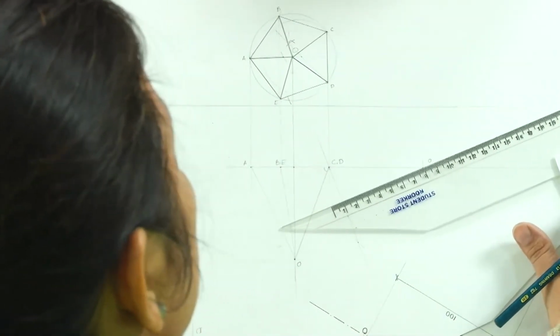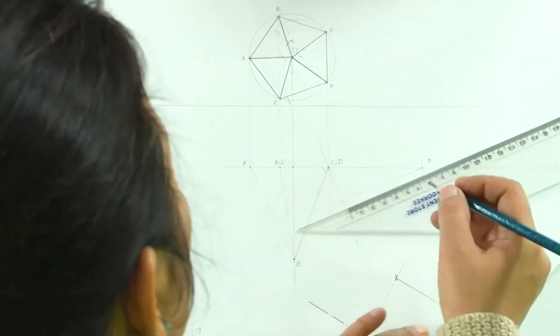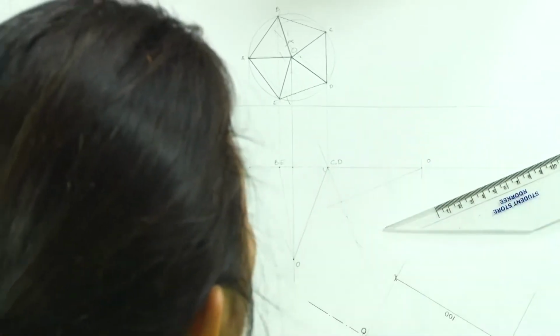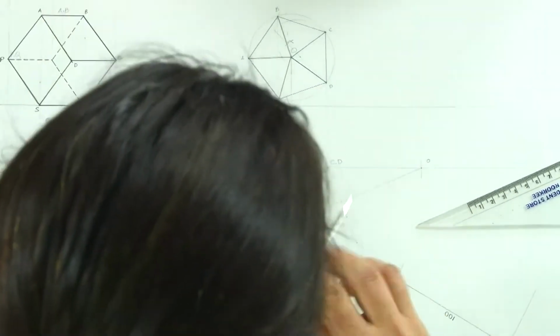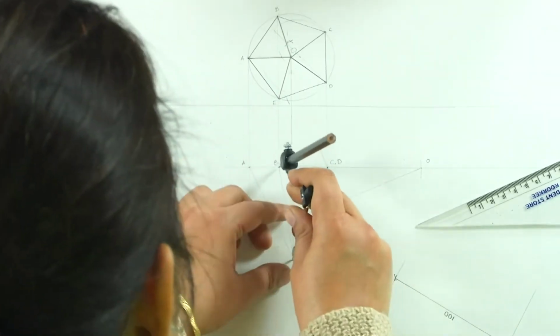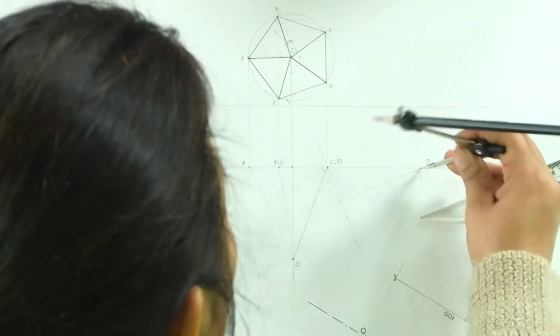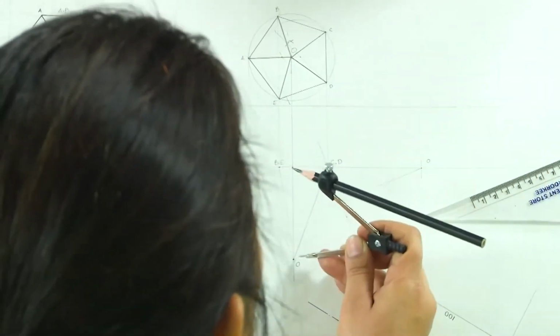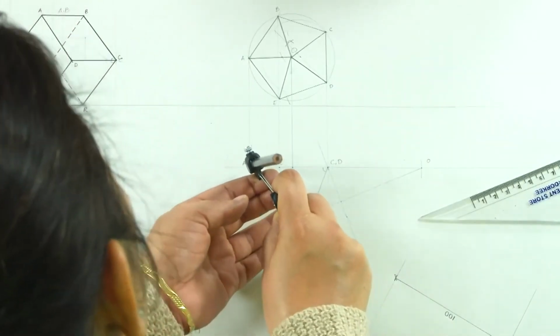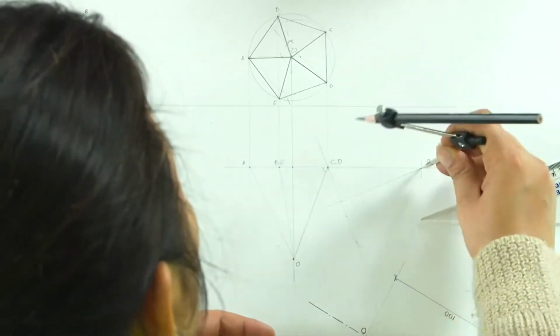So this is O, this is the axis, and then we will take the same distances, say OB, and mark OB, and then we will take OA, which is what we are going to mark here.